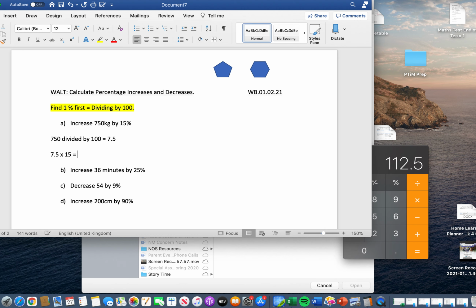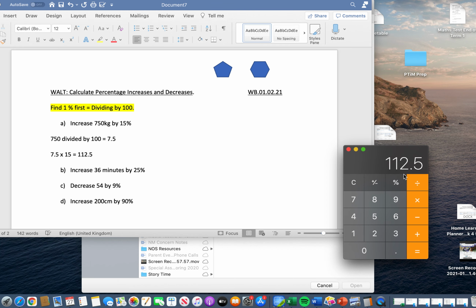So I now know that 15% of 750 is 112.5. But that's not my problem. The problem doesn't say find 15% of 750. It says increase 750 by 15%. So now, very simply, I have to add that 112.5 to the original amount, 750.